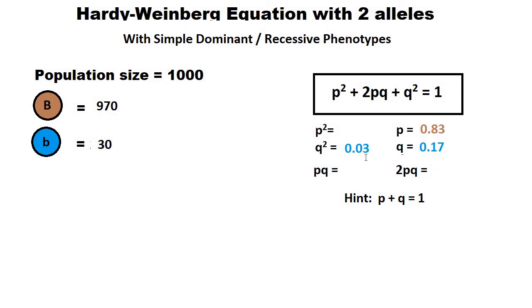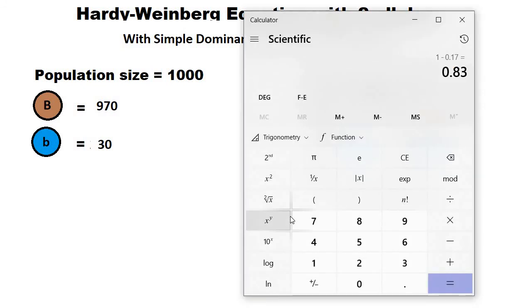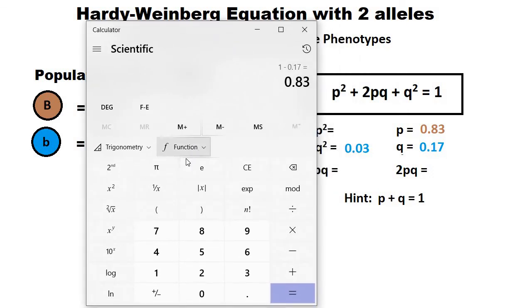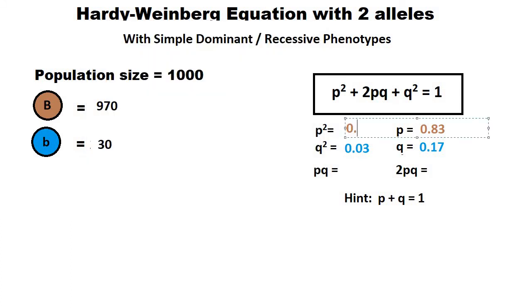And just like before, we can solve for p squared right now, or we can do it a little later. It doesn't really matter. I think it's easier to do it right now, especially if you have a calculator on you and you've already figured out what your p number is. Then you just click square and it's real simple. So 0.69.